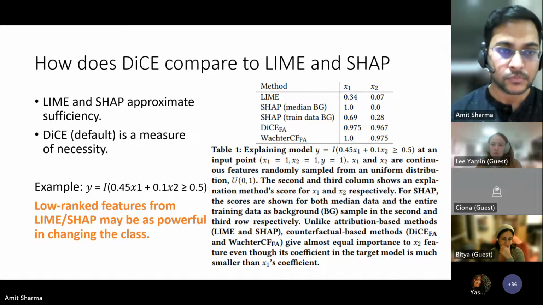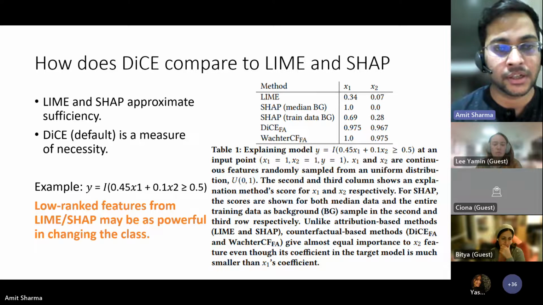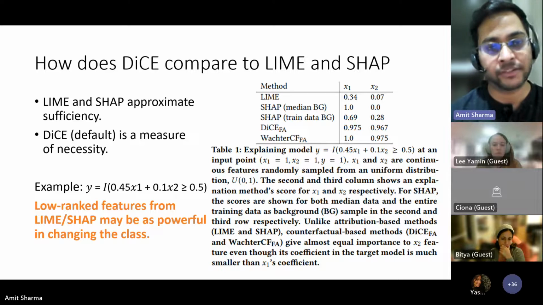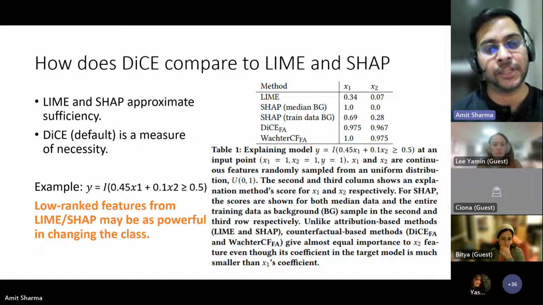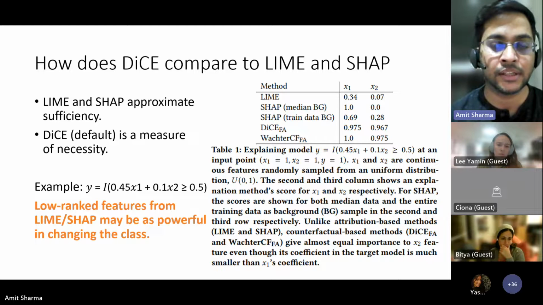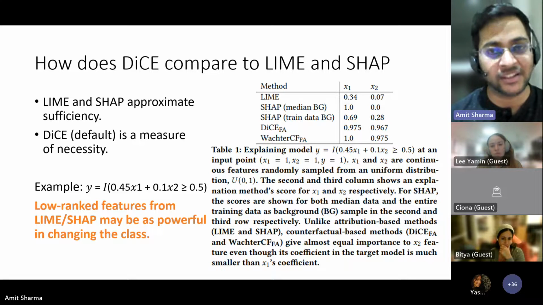As you can imagine, LIME and SHAP look at the coefficients, so 0.45, which is much higher than 0.1. They would say that x1 is really important, and that's what you see in this table here. LIME gives x1 as 0.4. SHAP, in fact, gives x1 as 1 and x2 as not important at all, right?